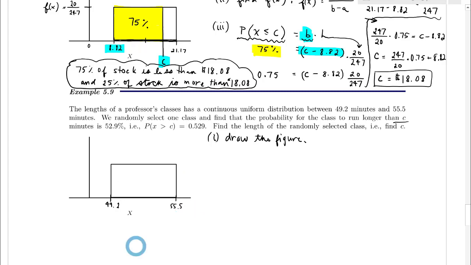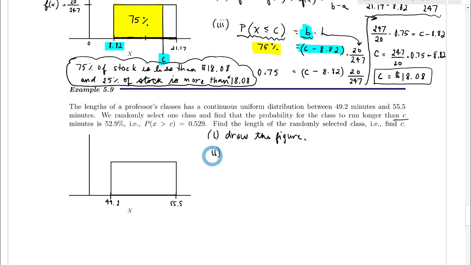Okay. And so step 2 would be find f of x. And f of x is equal to 1 over b minus a, which we know, 1 over 55.5 minus 49.2.